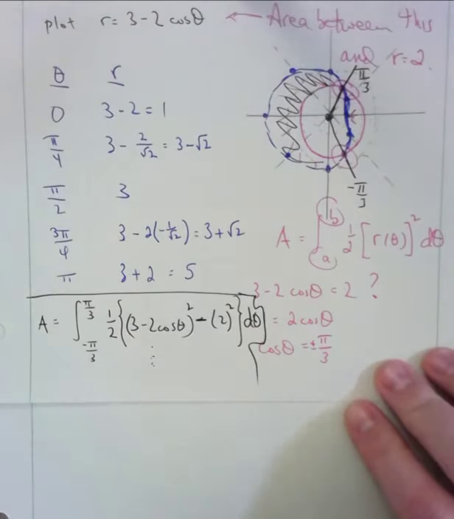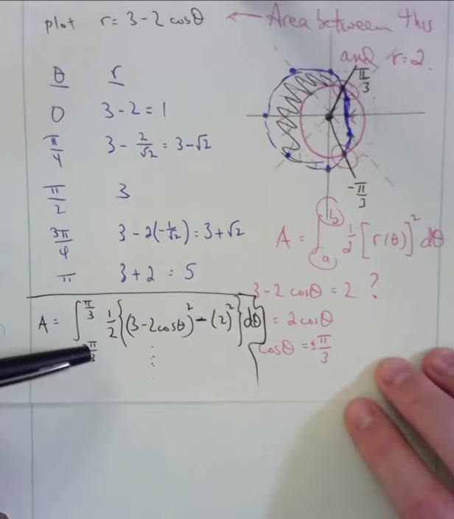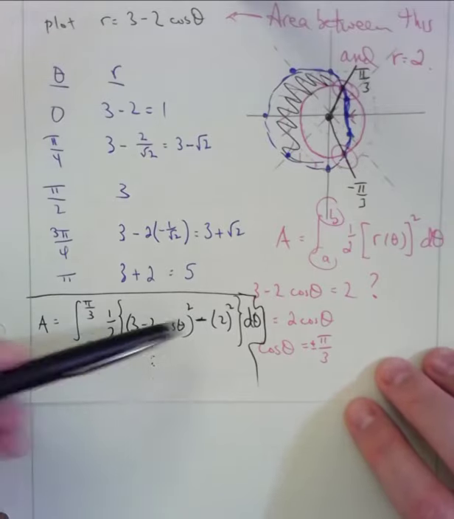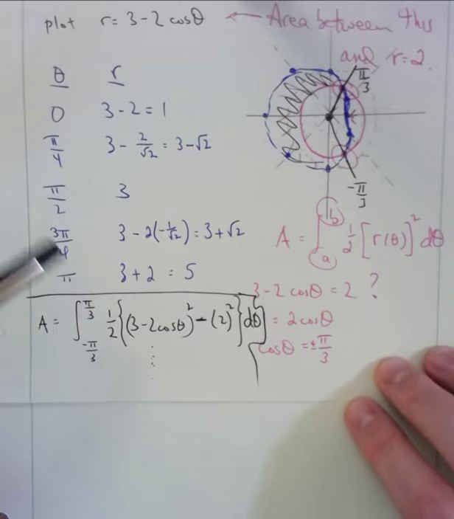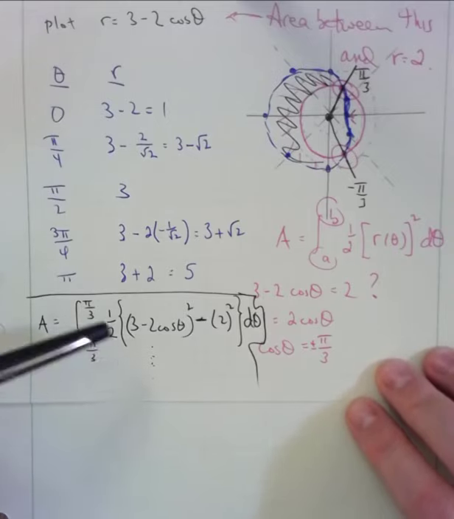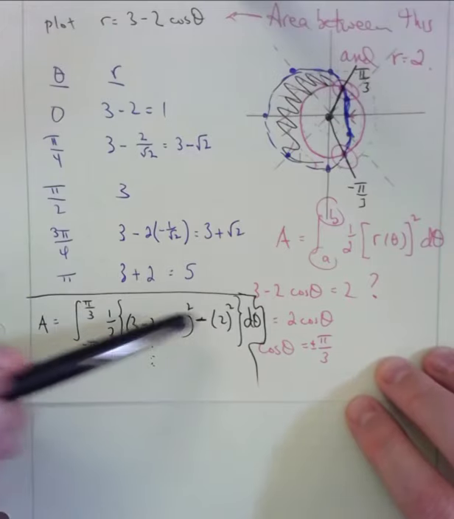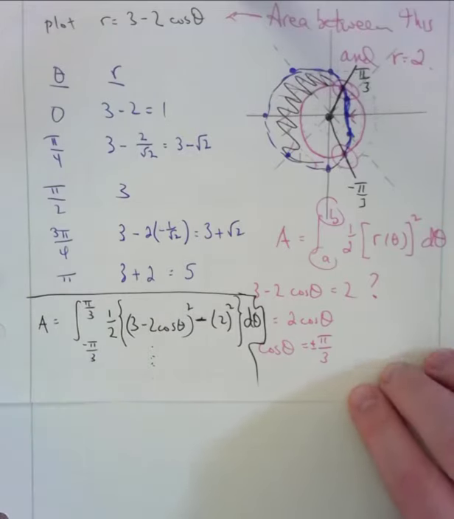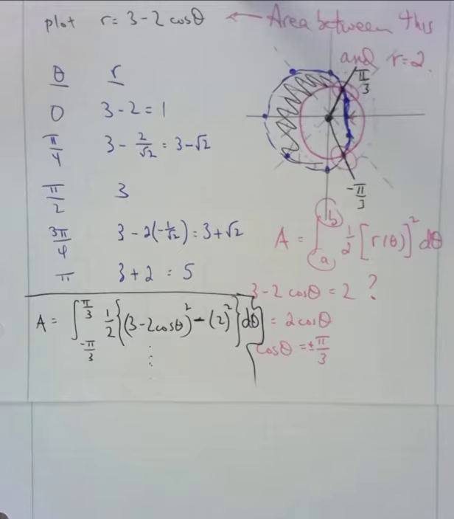You can multiply out the 3 minus 2 cosine theta squared, collect some constants, factor out the 1/2, etc. But again, because the construction of the integral is the important thing here, if you take this and just go to tech and say, hey, what's the final value of this integral, that's fine as long as you've reported this integral correctly, and then you give the source of the computation of it. You can leap from the integral to the final value. That's fine.